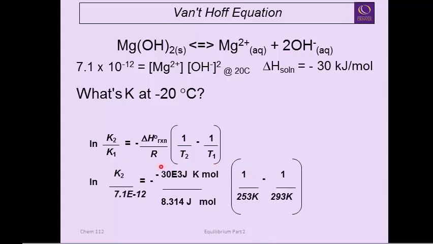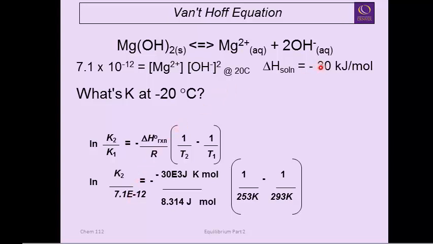These are just some key points. First off, temperature can't be in Celsius. We need to use Kelvin because it really truly describes molecular motion. So plus 20 C is 293 K, and that's T1, so that's correlated with the 7.1 times 10 to the minus 12 equilibrium constant.